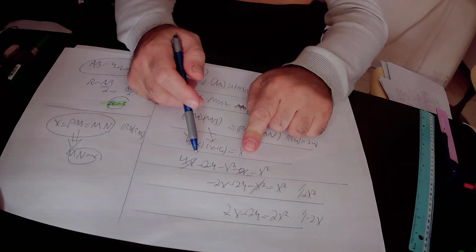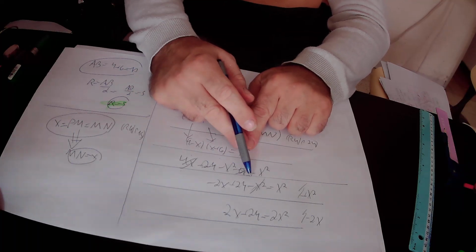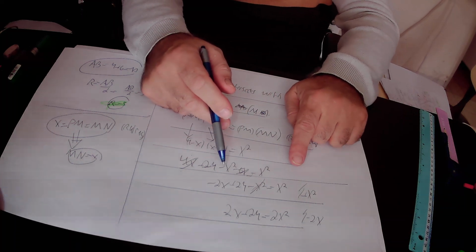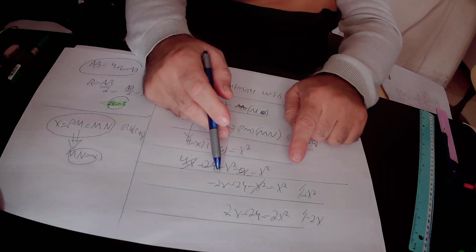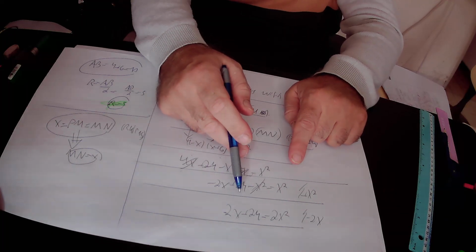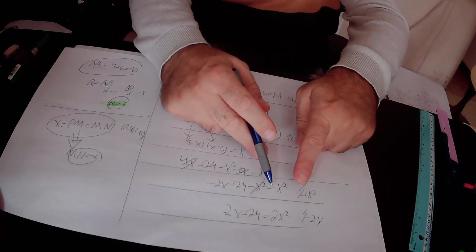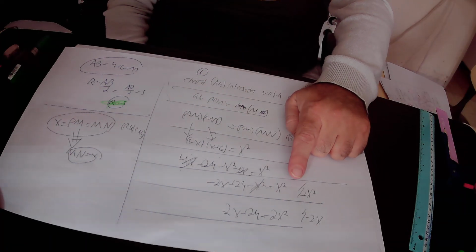Here we have 4x minus 6x is minus 2x, plus 24 minus x squared equals x squared. Here we add x squared to the equation: minus x squared plus x squared is 0, so on this side of the equation we leave minus 2x plus 24, while on the other side we have x squared plus x squared, that is 2x squared. So in total minus 2x plus 24 equals 2x squared.